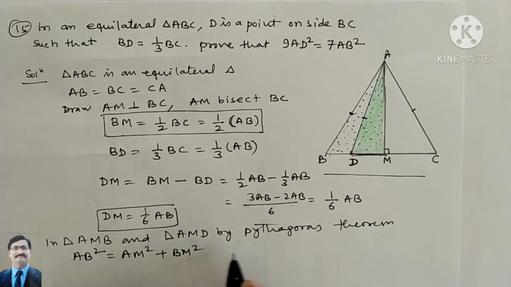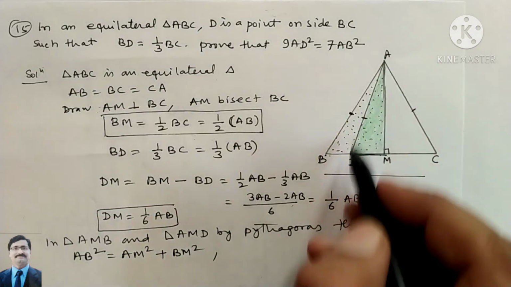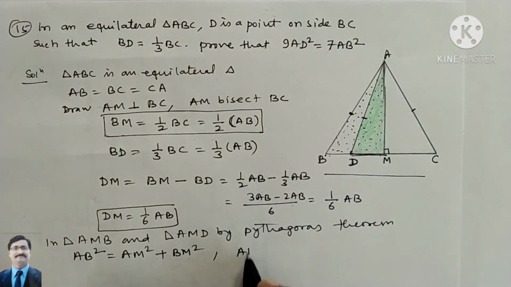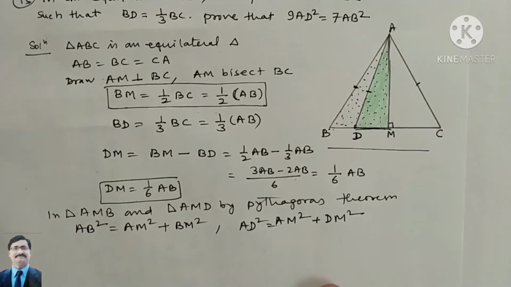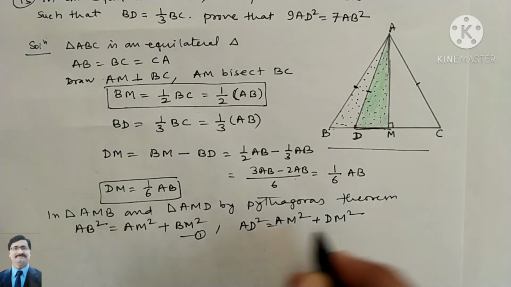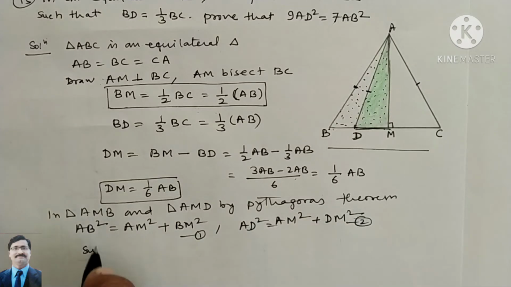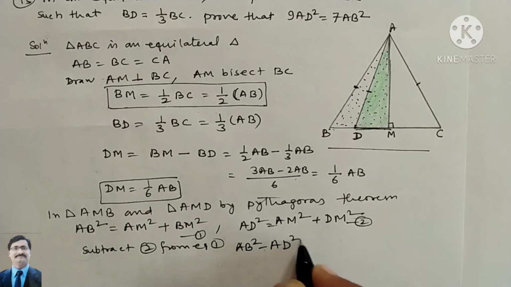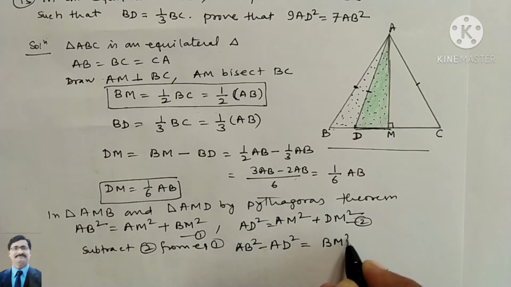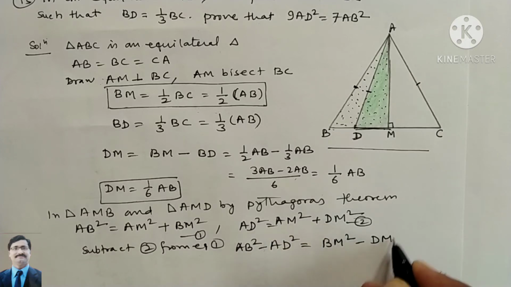And look here, in this triangle we have AD square equal to AM square plus DM square. Now look here, these are equations 1 and 2, so subtract 2 from equation 1. So we get AB square minus AD square equal to AM square minus AM square, which is cancelled, and we have BM square minus DM square.